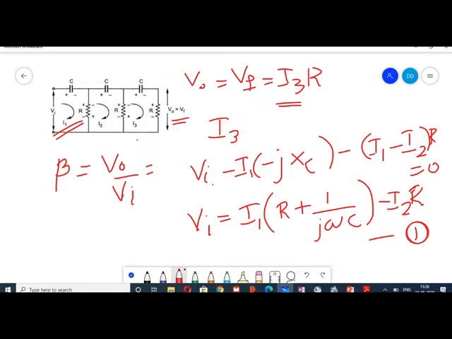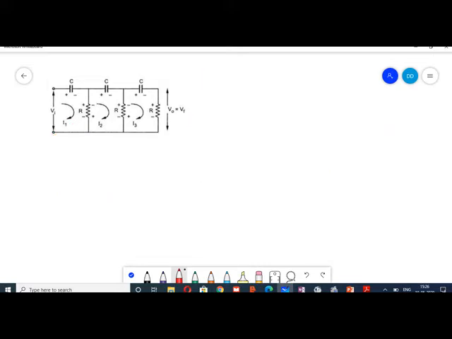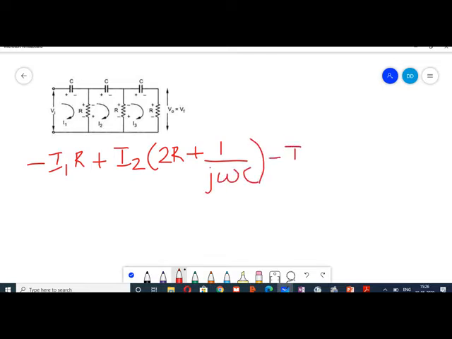Likewise, we will obtain the expressions for the second loop and third loop. The second equation is minus I1 into R plus I2 into (2R plus 1 over j omega C) minus I3 into R equal to 0. This is the second equation.